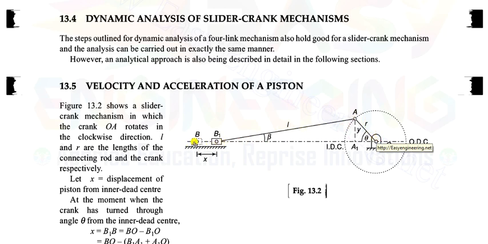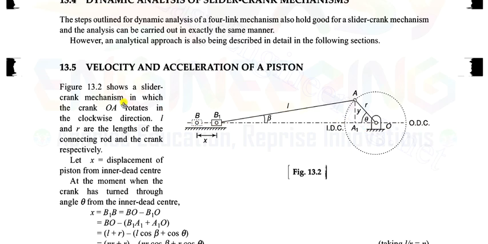Okay, and this center is called inner dead center, this center is called outer dead center. Okay, so figure 13.2 shows a slider crank mechanism in which the crank OA rotates in the clockwise direction. The OA crank is rotating in clockwise direction.